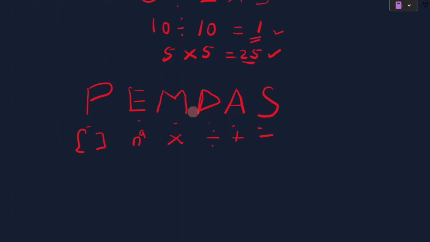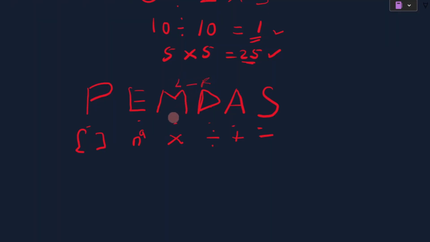But here, we solve from left to right, because PEMDAS is a checklist that is solved from left to right. Multiplication and division must be solved from left to right.